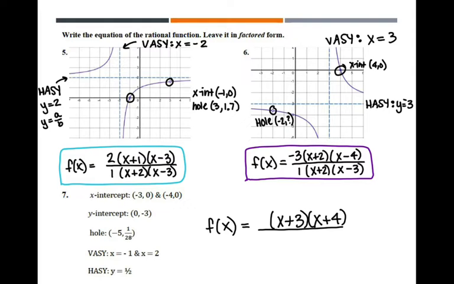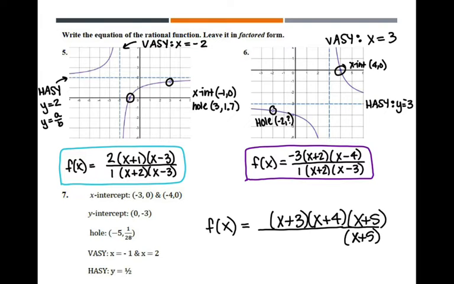I have my y-intercept at 0, -3. That's not really going to give me any information about the factors. I have a hole at -5 and 1 over 28. So that means I had a factor of x plus 5 that cancels. So I'm going to put one on top and on bottom.